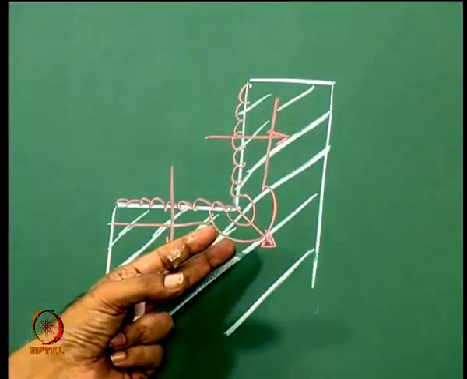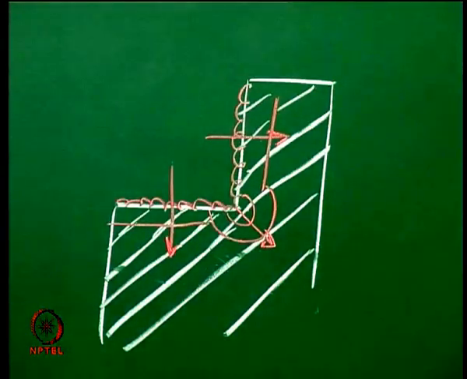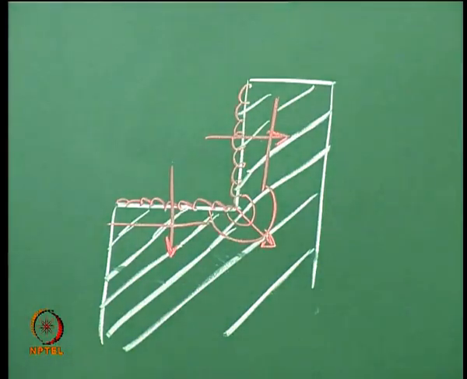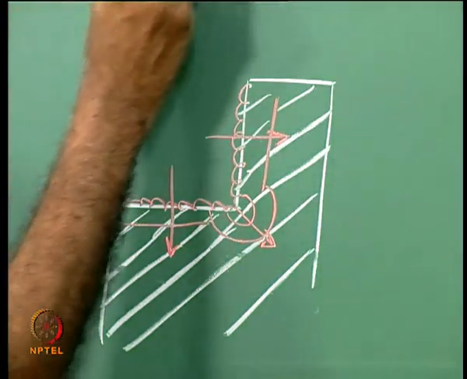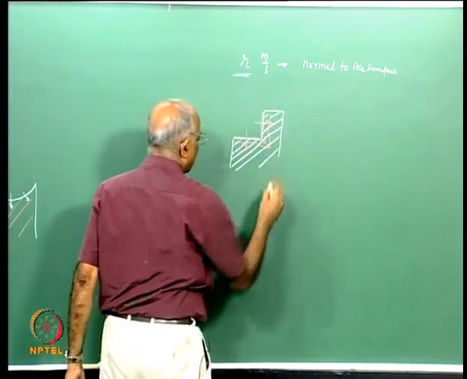Maybe we will have to look at this in some detail when we come to different configurations of the propellant grain. Therefore, for anything to take place, I define something like a burning rate in meter per second, which is normal to the surface.